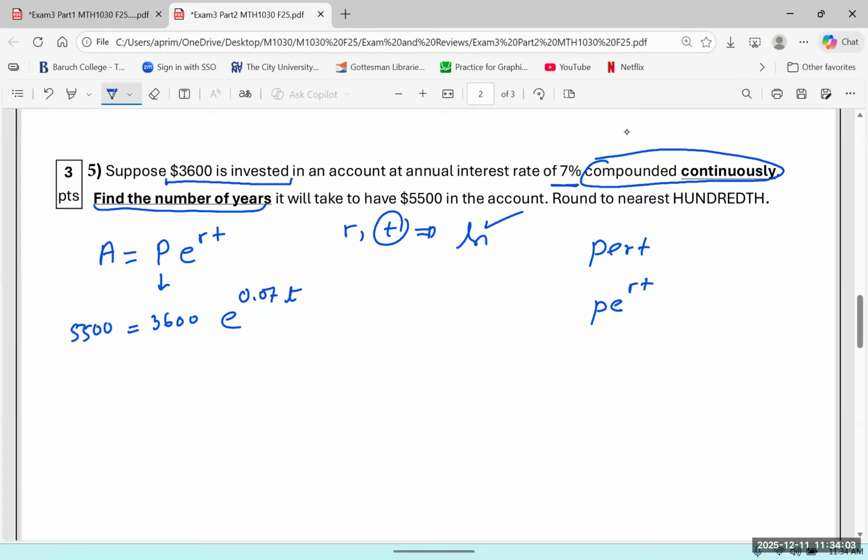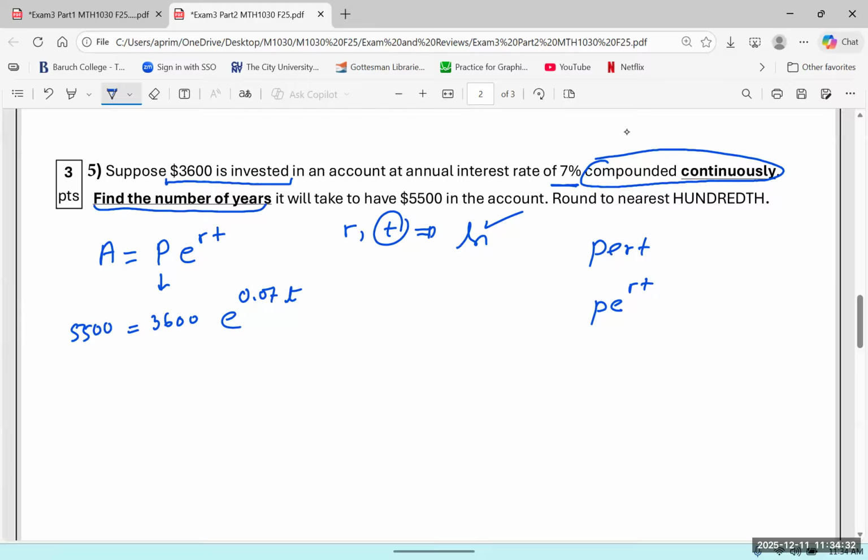Gambling, stock market, those things, you lose money. But a bank investment is safe. You may not gain much money, but you never lose money. So your final amount has to be more than the initial amount. So 55,000 cannot be initial and 3,600 final. No, it's not possible. So the bigger one is always the final one.